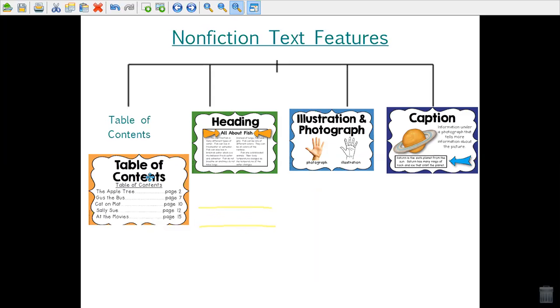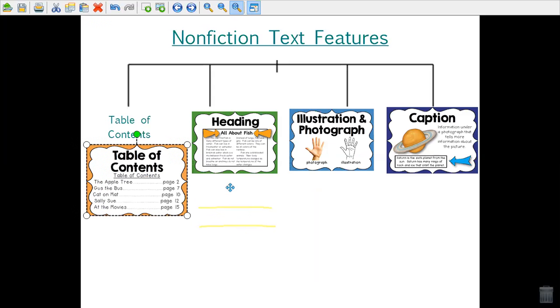Now, once you have your title table of contents set, I have the picture right here of what table of contents is. Like, what is a table of contents? Which I know this is a review because we've been using it forever. And a table of contents, here's an example right here. It's when you have a chapter in a book or the title in a book, and it tells you what page number that chapter or that subject is going to be on.